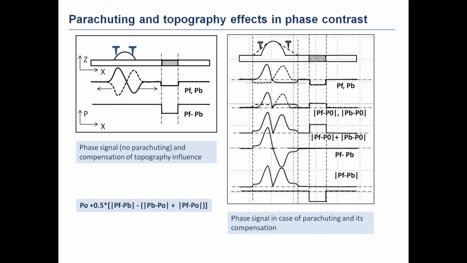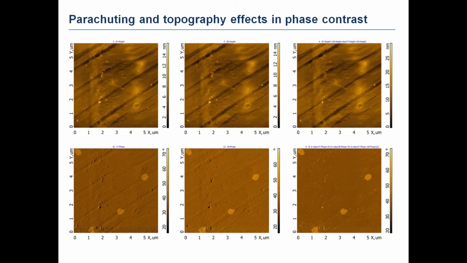And these kinds of signals, taking into account the parachuting, can also be minimized by applying these simple arithmetical procedures. And this is one example of a polymer surface with an object. We have the height, the topography signals in the top row, and in the bottom row we have the phase signal that corresponds to the forward and backward scanning direction, and the resulting phase contrast that is transformed arithmetically from these two images has much more correct and much more interesting contrast.